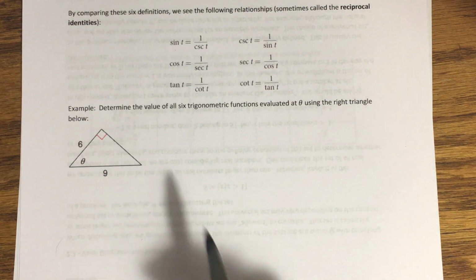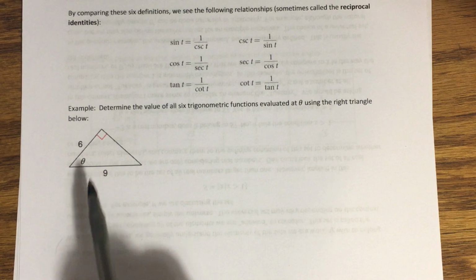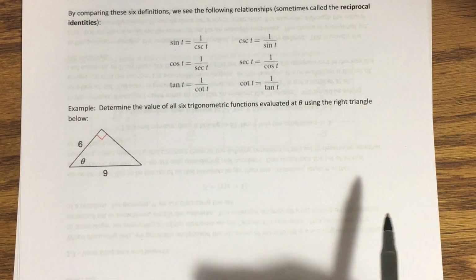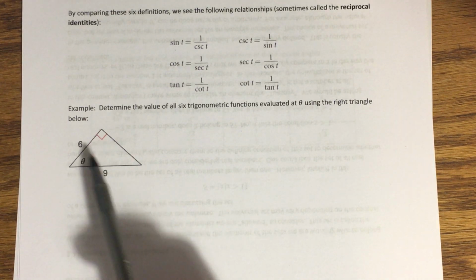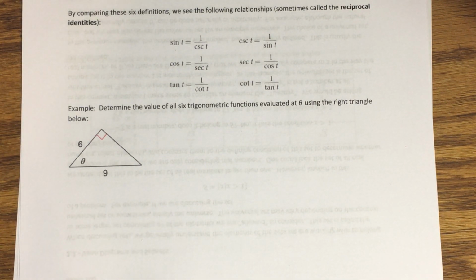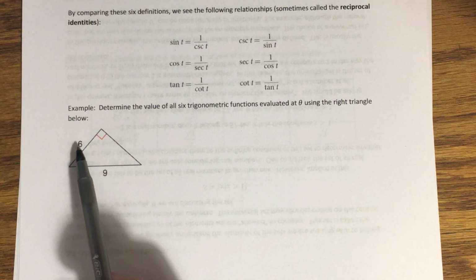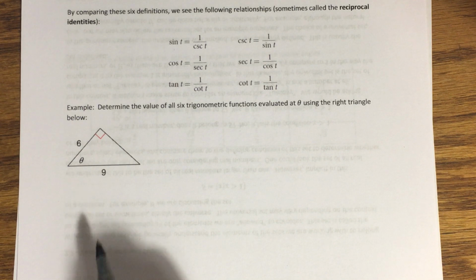Now you'll also notice one of the side lengths is missing. I'm given 2 of the sides and I don't have the third. That's not by accident. With right triangles we have the ever useful Pythagorean theorem, which relates the 2 side lengths of the legs of a right triangle to the hypotenuse.